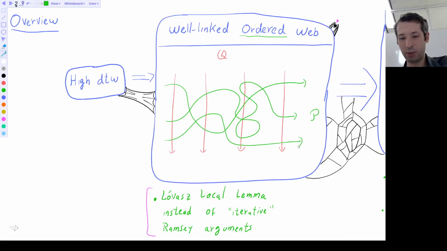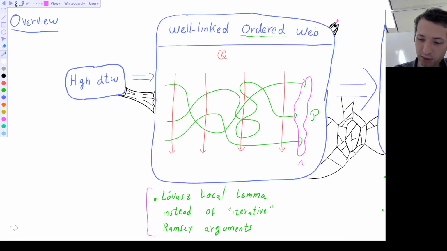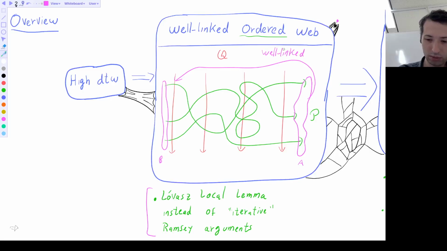So this, for example, would be an ordered web. And just like with the grid before, we have that the end of this web is well linked back to the beginning. This step is also present in the proof of Kawarabayashi and Kreutzer.